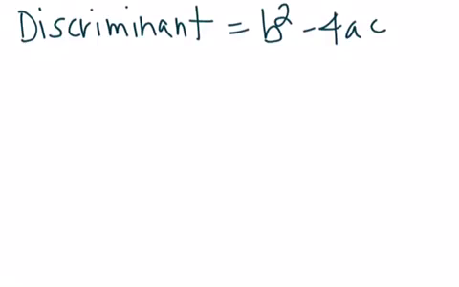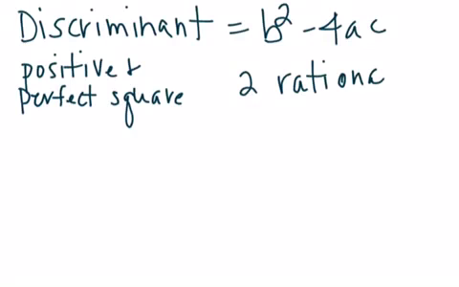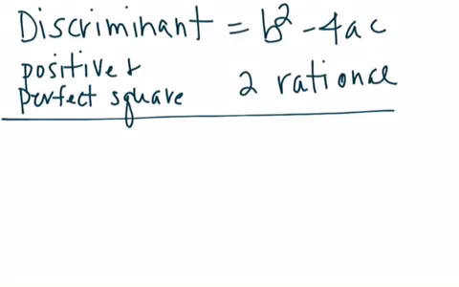If that number is positive and a perfect square, like 9, 16, 25, that's what we mean by perfect square, then you will have 2 rational solutions or roots, whichever way you want to say it.